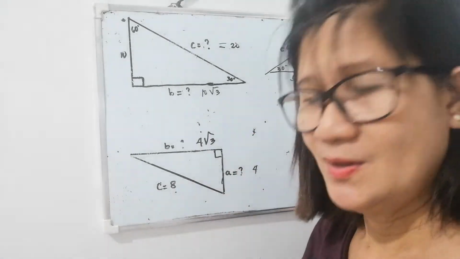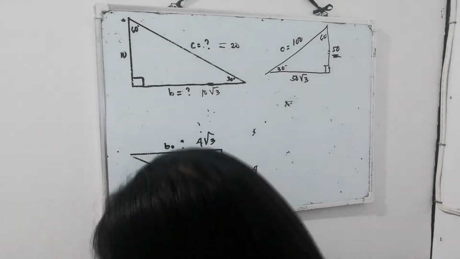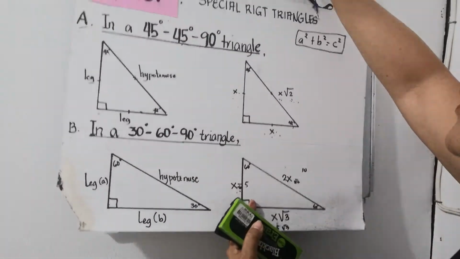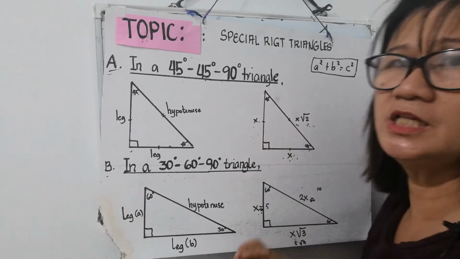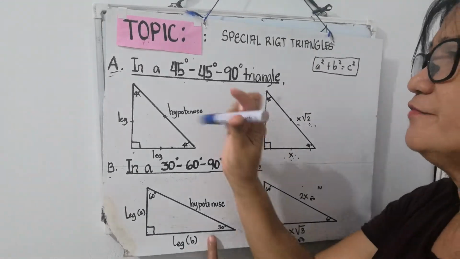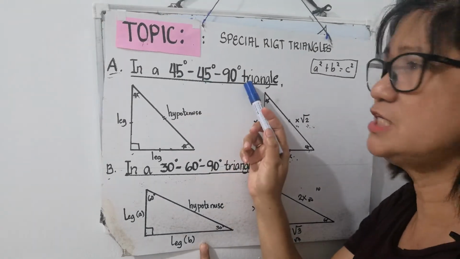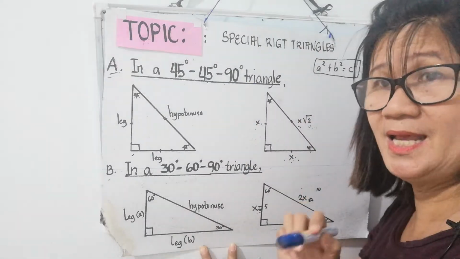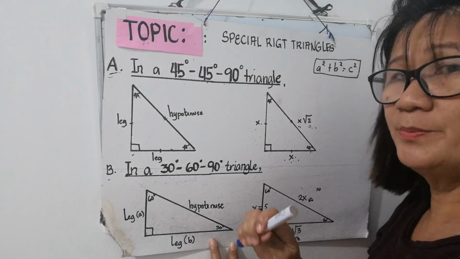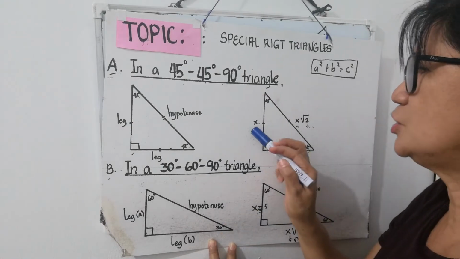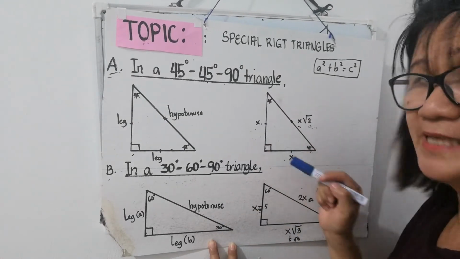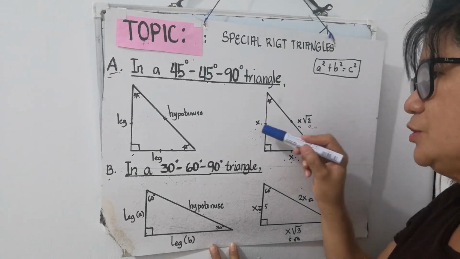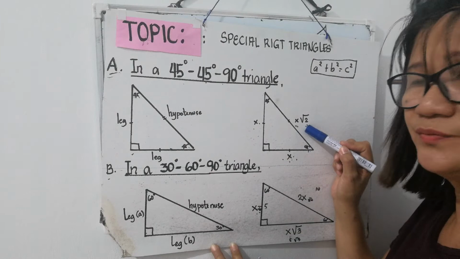Okay, so, again, review tayo. So, what are the two special right triangles? We have the 45, 45, 90 triangles. So, ano yung nakalagay doon? Na hindi mo na kailangan gumamit ng formula. The measure of the two legs are the same. The hypotenuse is kung ano yung measure ng leg times the square root of 2.